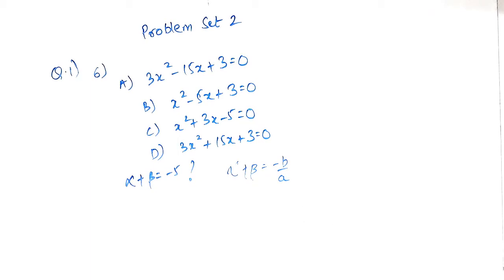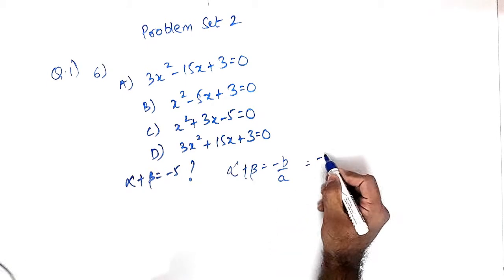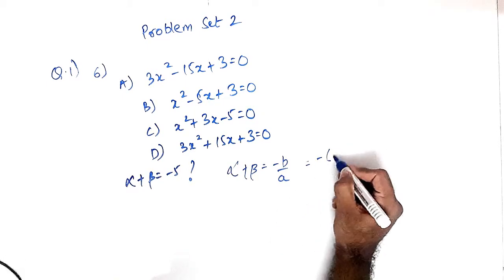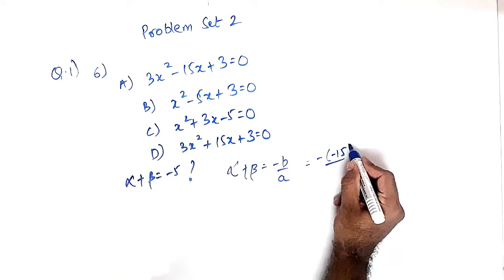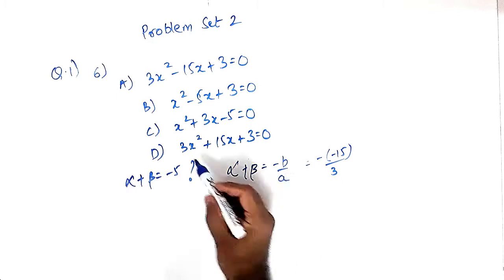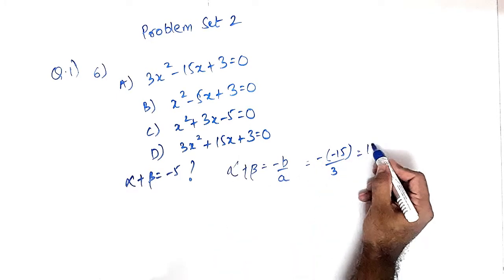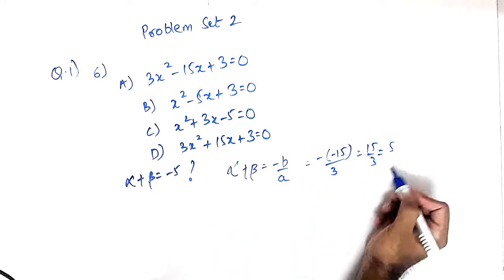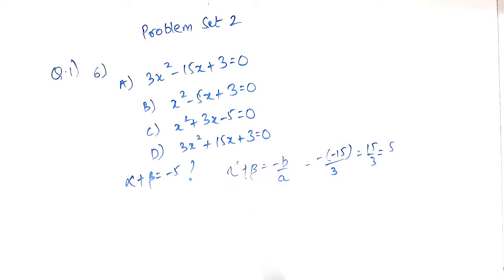I'll check the first one. The first one will be minus of minus 15 by 3, minus b by a. So this becomes 15 upon 3. So this is 5. First one is gone.